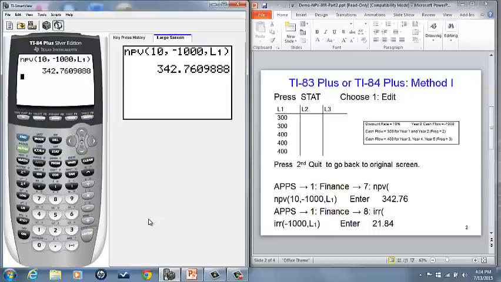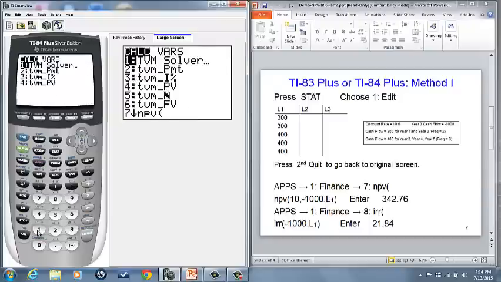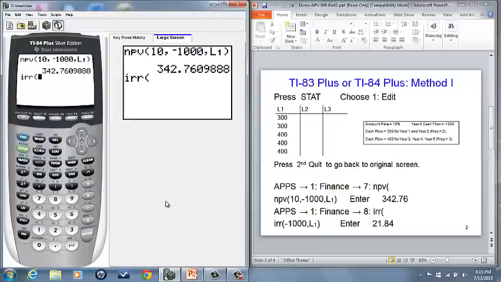To continue and compute the IRR, we press APPS again and then choose number 1, Finance. This time we need to arrow the cursor down to number 8, IRR. When we see IRR, we press enter. In the IRR syntax, we need to input 2 numbers.